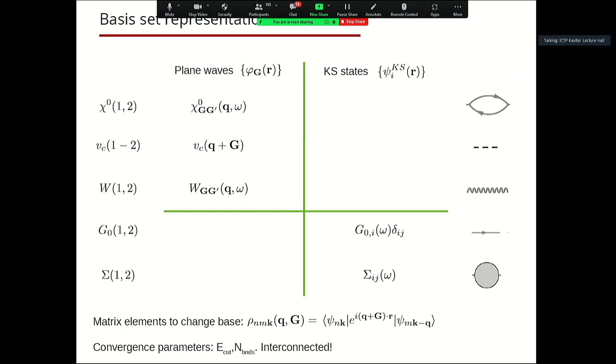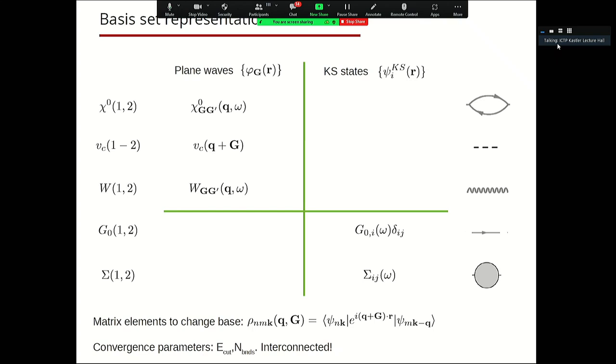Thus, what Yambo does is to solve the dielectric properties in plane waves, then to compute the diagonal elements of the self-energy in Kohn-Sham states, and this is an approximation, as we will see in the next slide. Then there are the matrix elements to change from one basis to the other, these ones here.